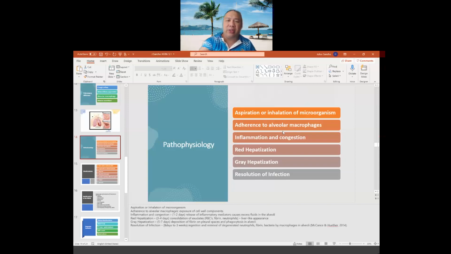Next, within 3 to 4 days since the aspiration or inhalation of microorganisms, there will be red hepatization, wherein the consolidation of exudates, your RBCs, your fibrin, your neutrophils are consolidated in the alveoli.